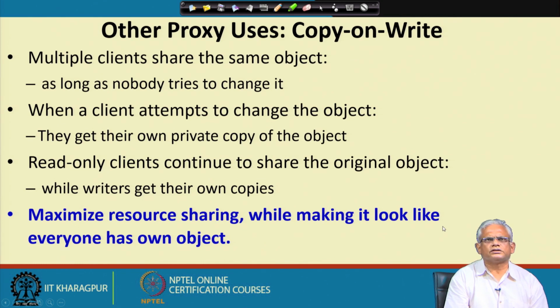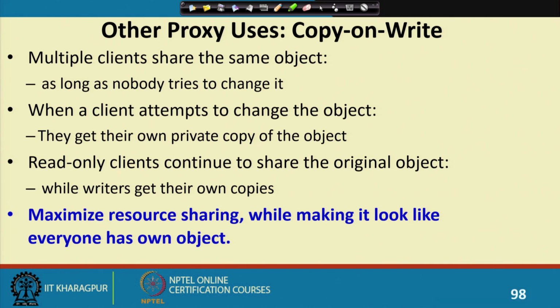There are other uses of proxy. Proxy has a large number of uses: copy on write. Multiple clients share the same object, and therefore, it is not necessary to create many instances of the object. This helps to speed up the application.